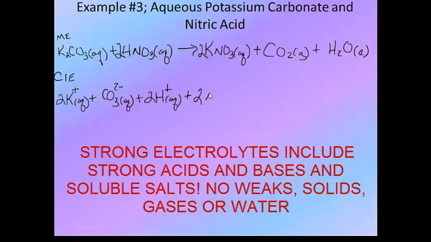Coefficients multiply through the entire compound. Potassium nitrate is a soluble salt, so it is a strong electrolyte. There is a coefficient, so the coefficient will apply to both the potassium and the nitrate. Now take a second and notice I have a 2 in front of this potassium on the right and a 2 on the left, a 2 in front of the nitrate, a 2 in front of the nitrate. So I know I'm doing this right.